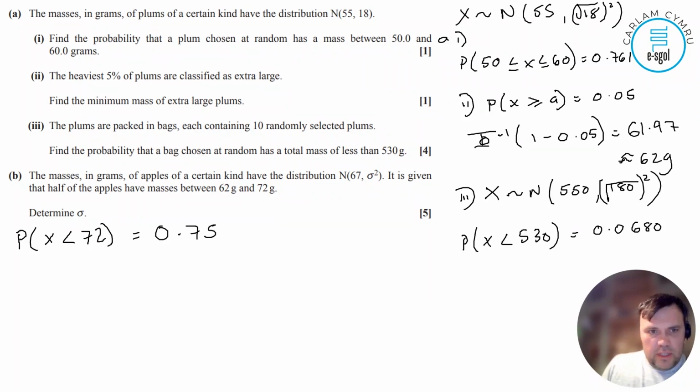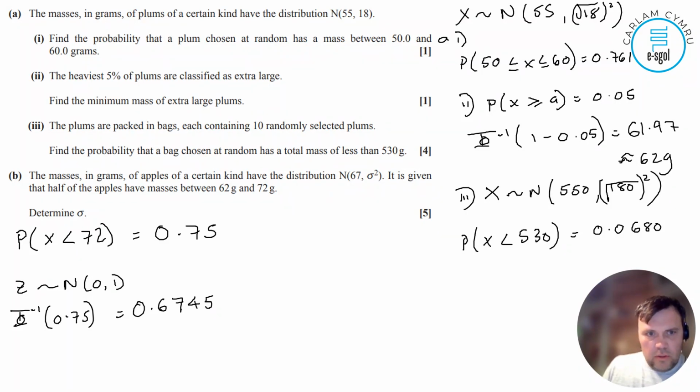And then you would standardize these values and say that z belongs to N(0,1), and then the inverse of 0.75 is equal to 0.6745, and then use the formula that is z equals x minus mu over the standard deviation.